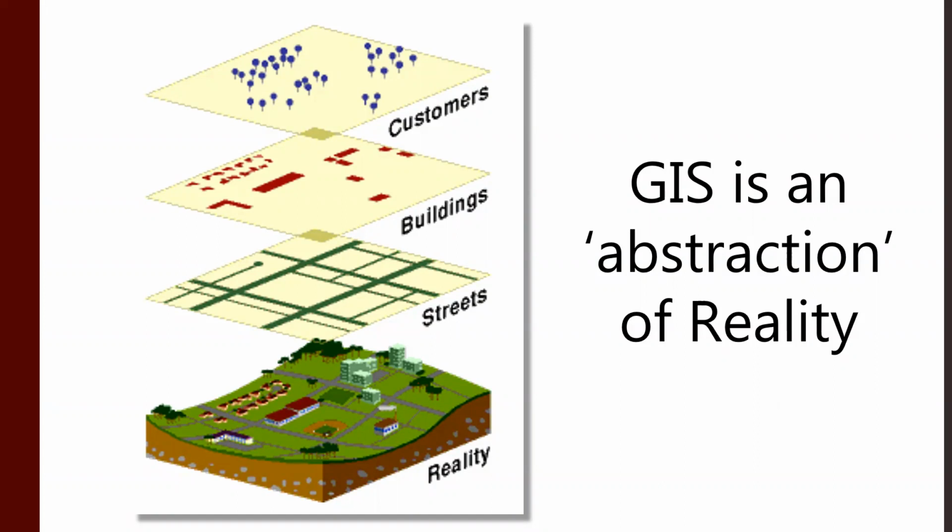We are doing our best to understand the relationships between things on this planet in an abstracted digital format. And through doing that, we have to return to the real world with our findings and make decisions.